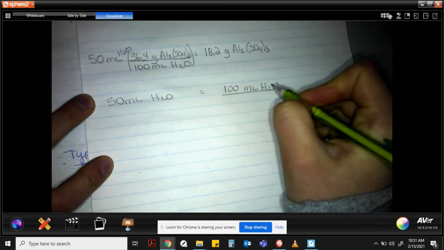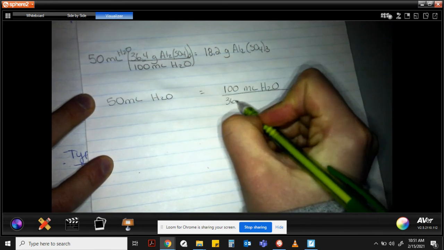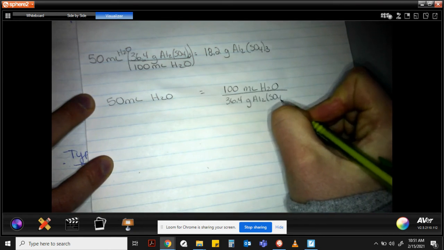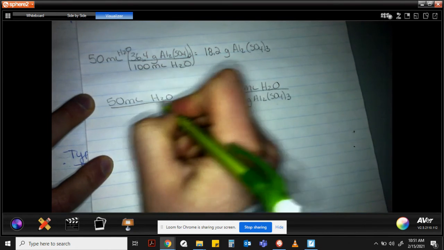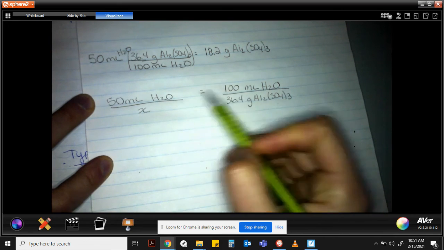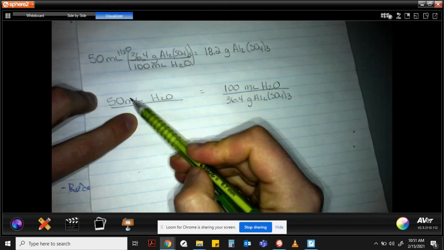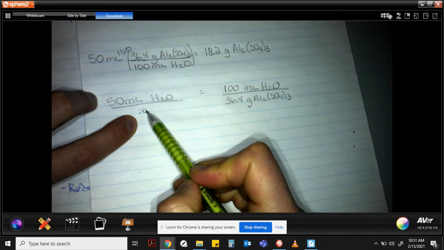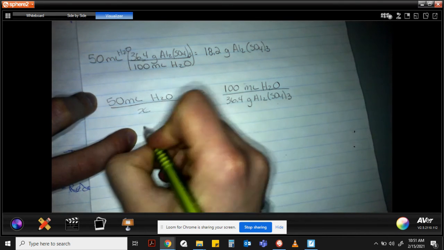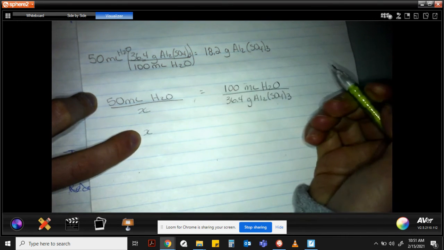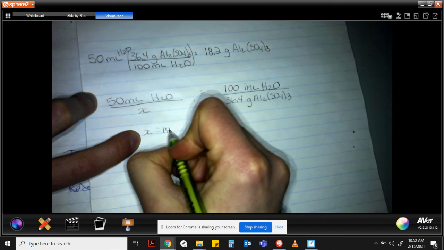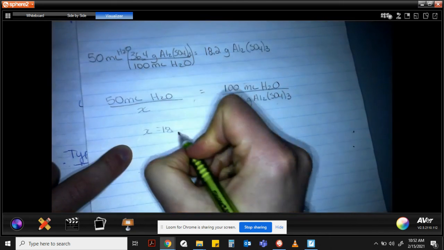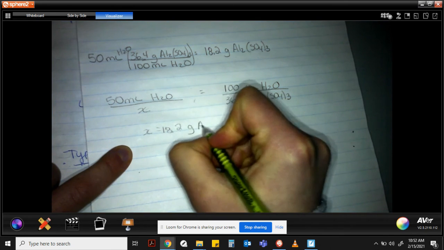We know that 100 milliliters of water is going to give us our 36.4 grams of our aluminum sulfate. This is what we want to find. Cross multiply, divide. So you'd go 50 times 36.4 divided by 100, which would still give you X being equal to 18.2 grams of aluminum.